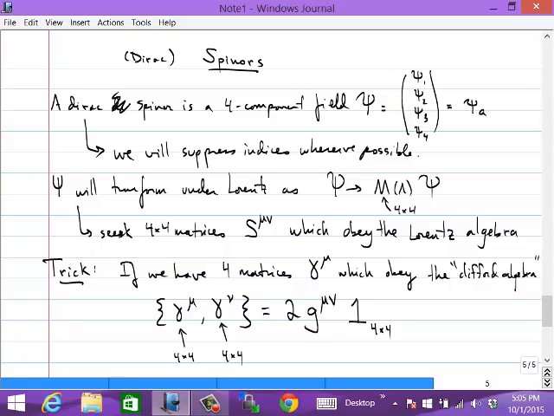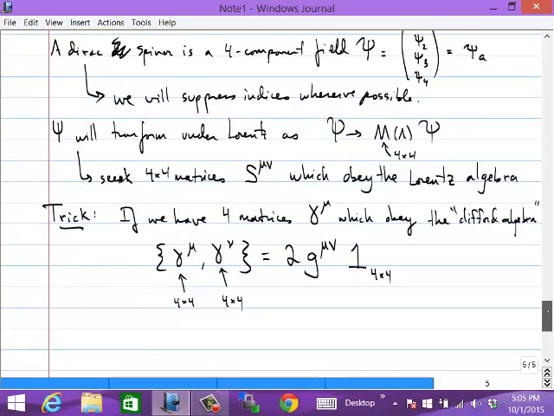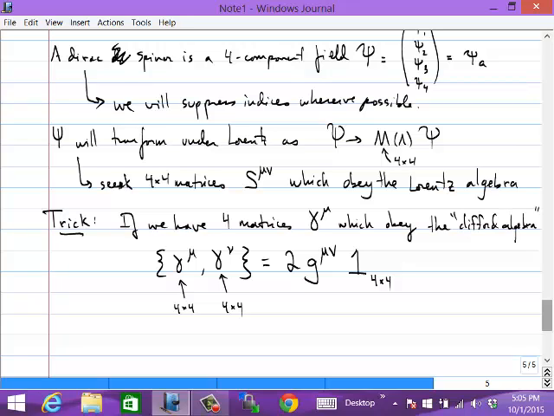If we didn't suppress those spinner indices, this would be an equation with 4 different free indices: a mu and a nu index, as well as 2 spinner indices. Is it clear, the equation that I'm writing down here? If it's not clear, it'll be clear by the time you do the next problem set, but hopefully it's clear now. I'll write down explicitly what these matrices are in just a minute.